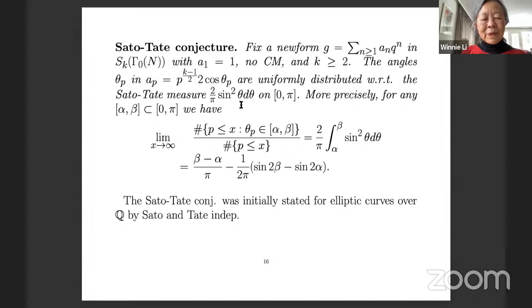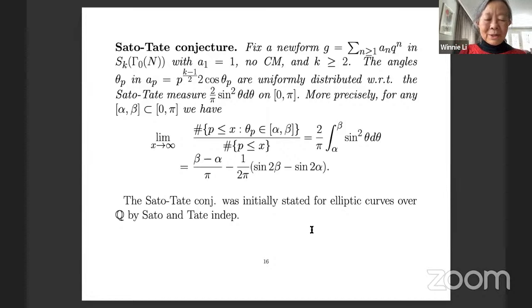This means that if we take any interval from alpha to beta contained in the interval from 0 to pi, and count the number of primes p up to x such that theta_p falls in this interval, and compare that to the total number of primes up to x, then as x goes to infinity this ratio equals the Sato-Tate measure integrated from alpha to beta.